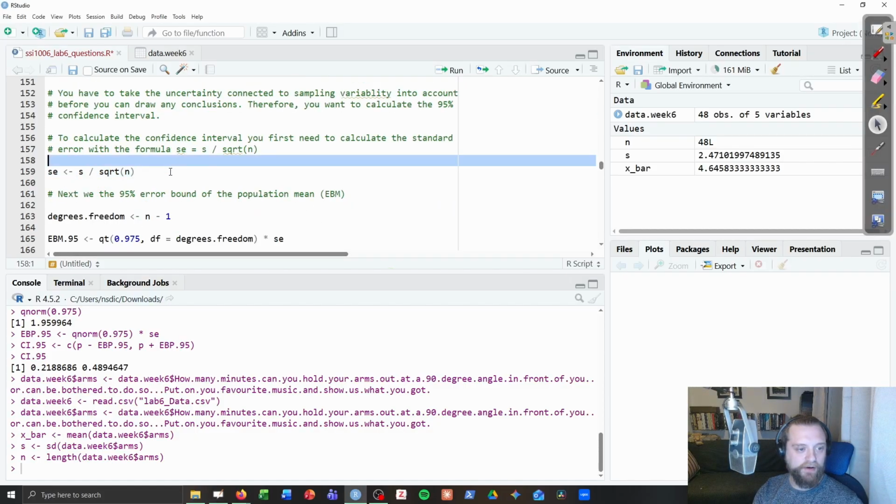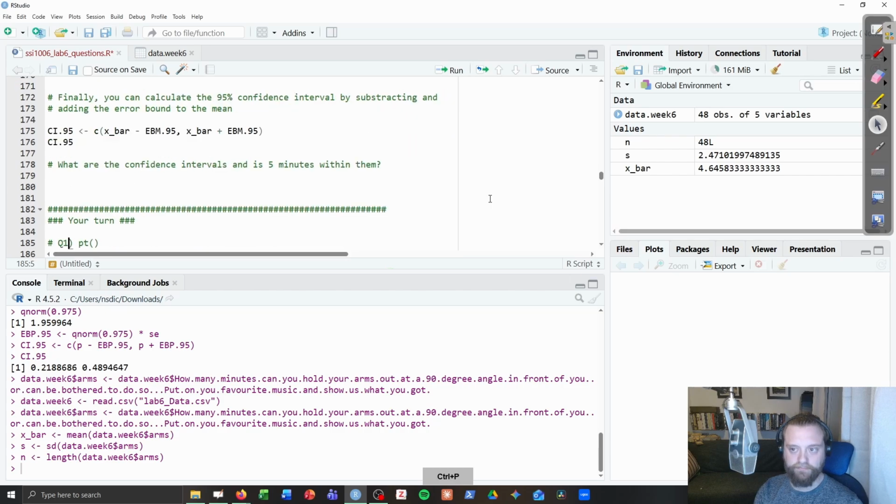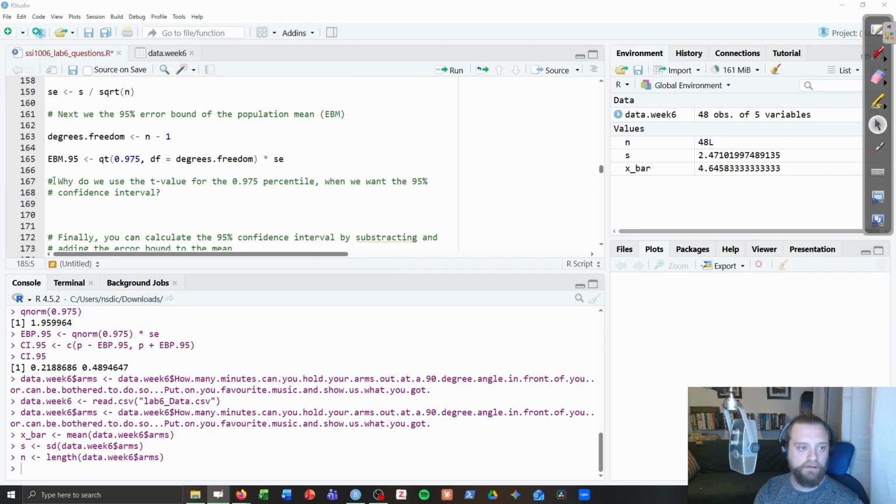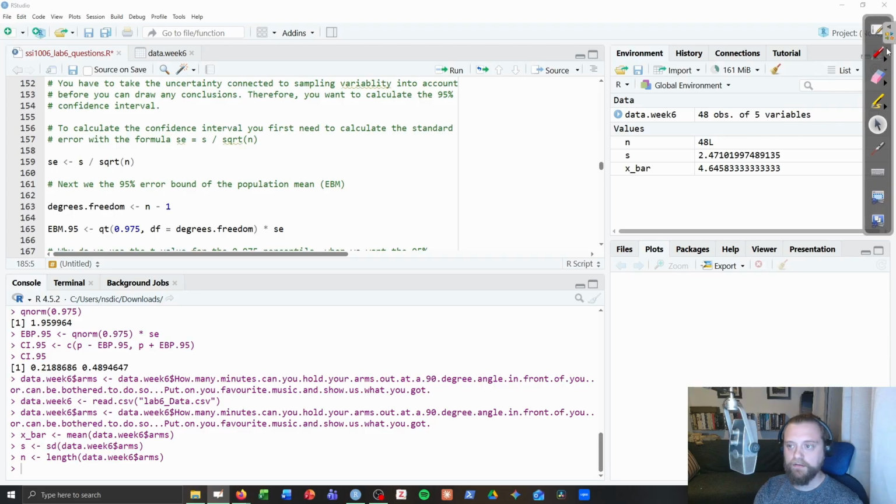Now, our standard error calculation is the same one we used before. It's the standard deviation divided by the square root of n. So in this case, our calculation would be that our standard deviation, 2.47, divided by the square root of 48.